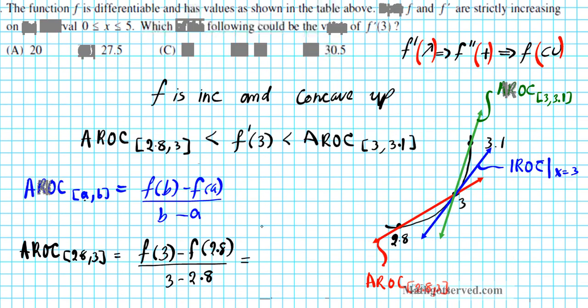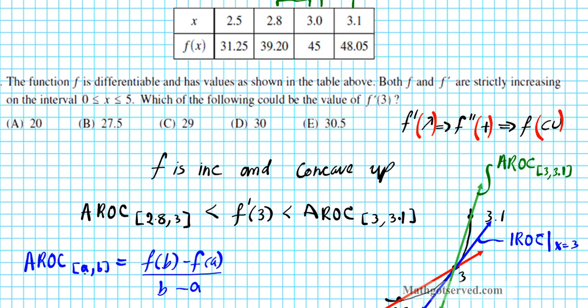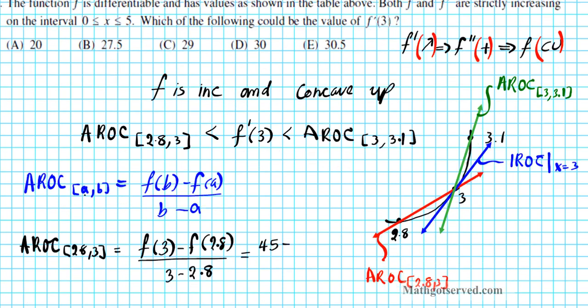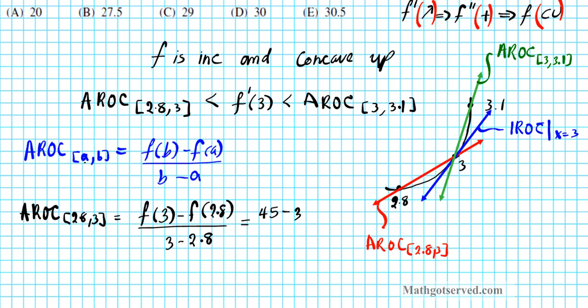F of 3 is 45, and f of 2.8 is 39.2, divided by 3 minus 2.8. This is the calculator active part of the AP exam, so you can use your calculator to compute it. You get 29.